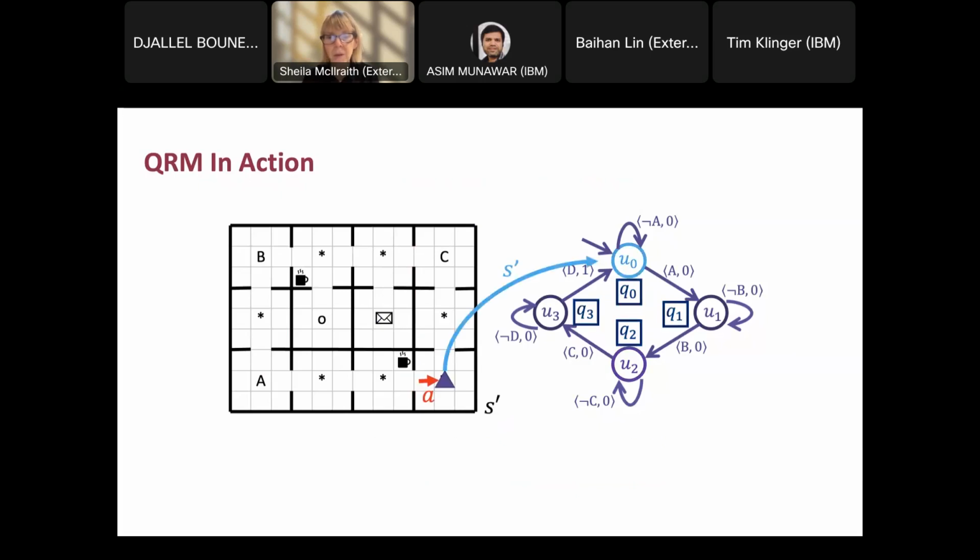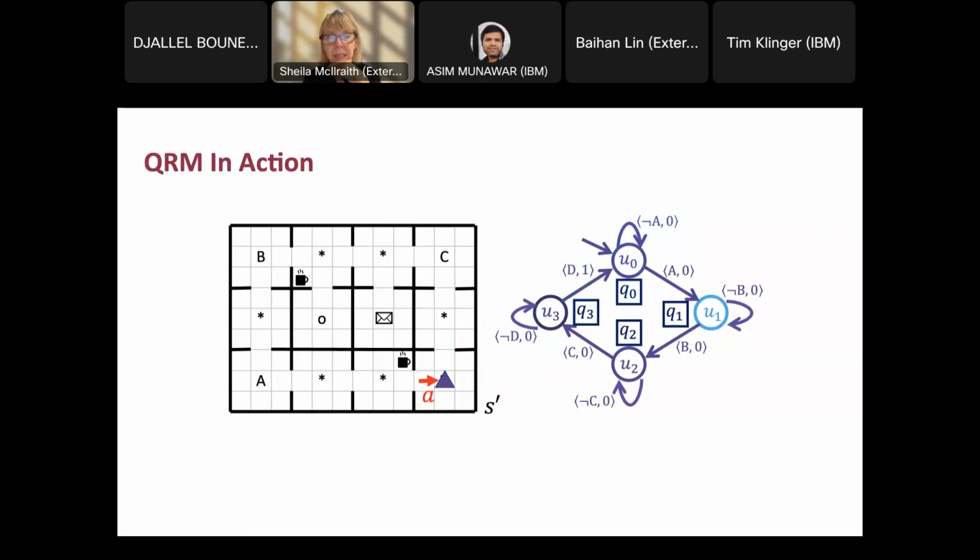So if I move from the left of D to D and I'm in U0, I'll get a reward of 0, and I'll update my Q0 function. So I'll have my immediate reward, the reward I got in the state, plus the discounted future reward that I'm going to get in the successor state, S prime, A prime.